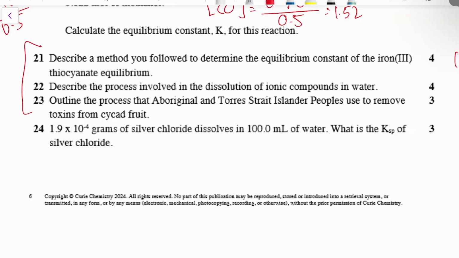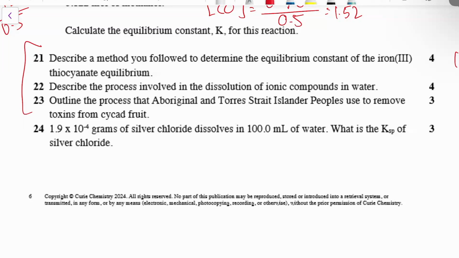And question 23 is what Aboriginal and Torres Strait Islander people do to remove toxins from cycad fruit. These are all things that we've covered together in class or in the notes, and you've already done the proper response for. It's just been put back in here to make sure you revise this syllabus dot point. So feel free to attempt that in your own time, and then send the response to me so that we can get it marked, but you have done responses for these before when we first covered the content in class.